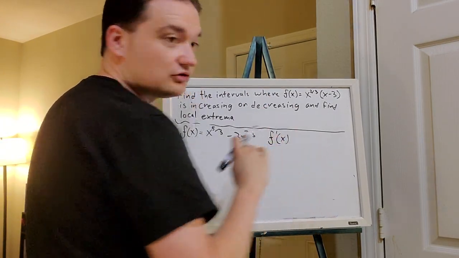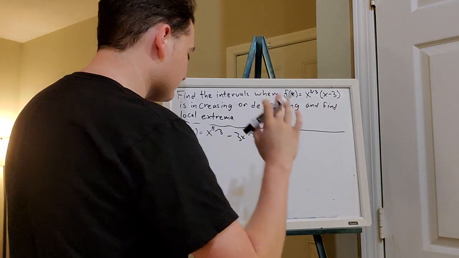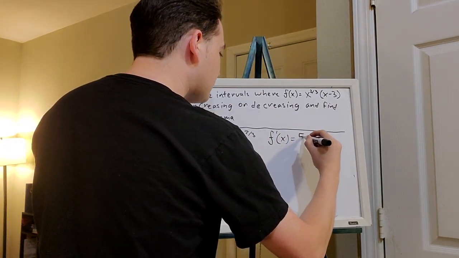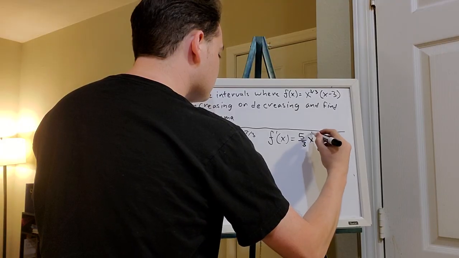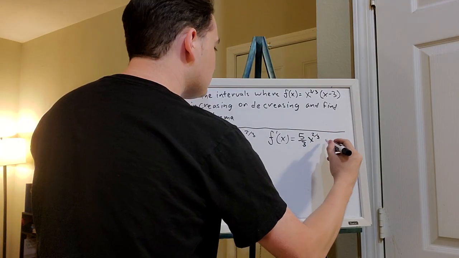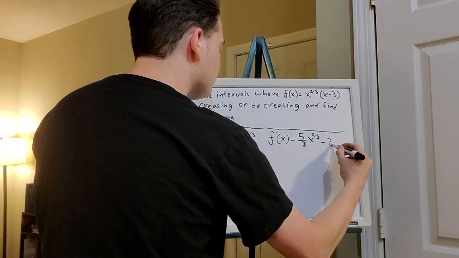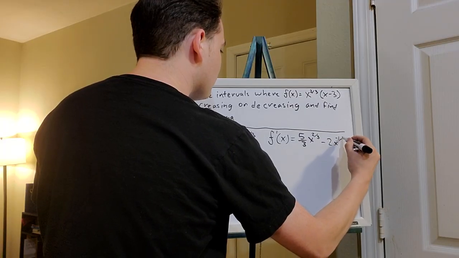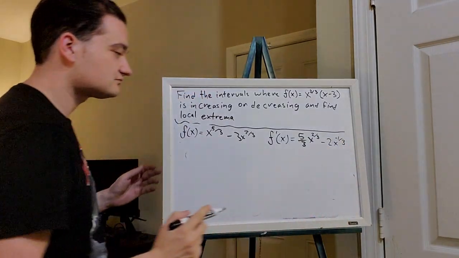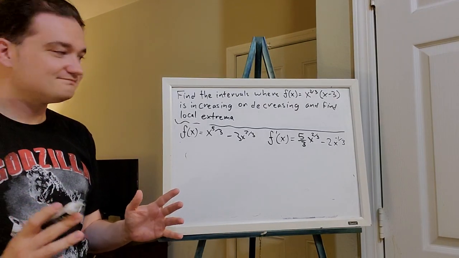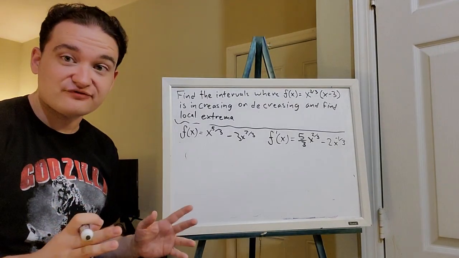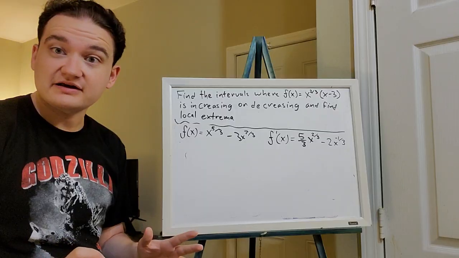Either way works. Do whatever works for you. This is just how I think about it. This is going to be 5/3 x to the 2/3 minus 2x to the negative 1/3. Power rule. A little bit more complex because we got fractions, but that's about it.